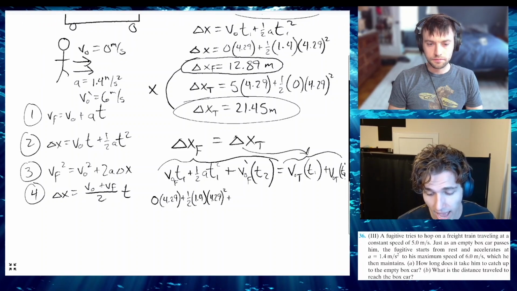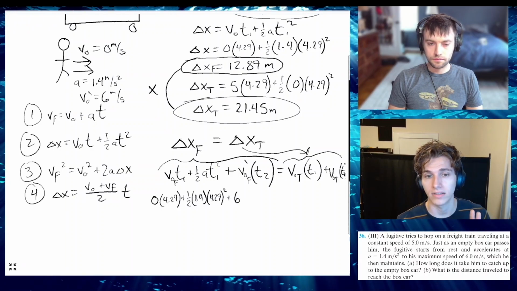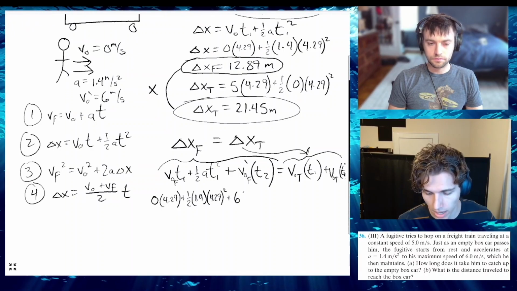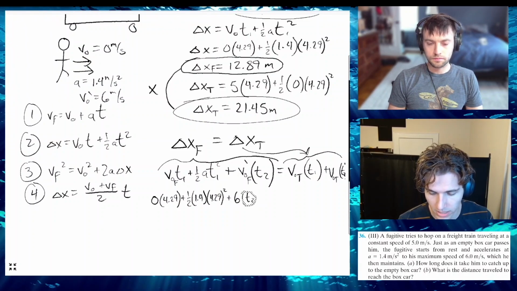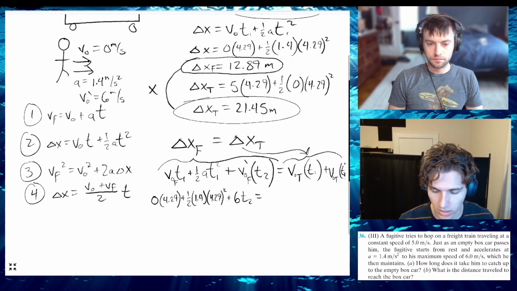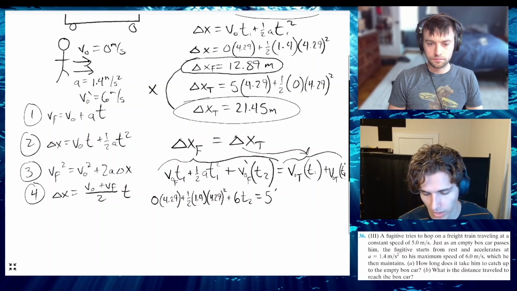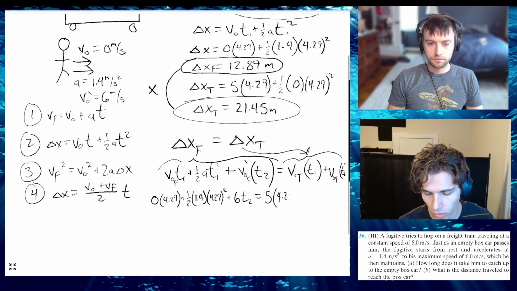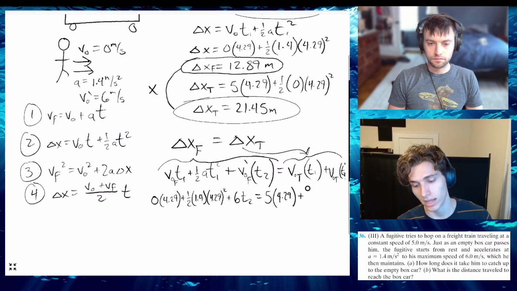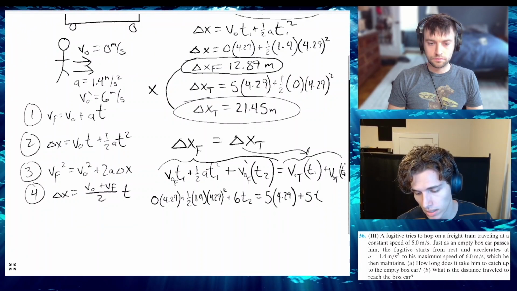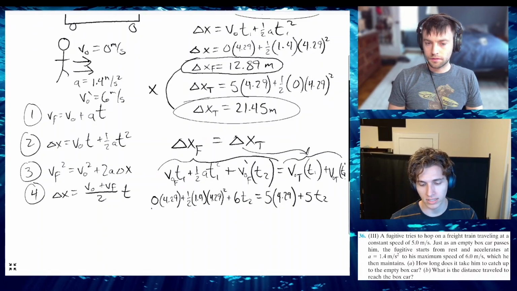Now, we have to add 6 meters per second, because that is the velocity that he gets up to, times t2. And t2 is what we're going to be solving for here. This is going to be equal to the velocity of the train, which is 5 meters per second, times t1, which is 4.29, plus the same constant velocity of the train, times t2. Now, this is a lot to look at. Immediately, I'm going to simplify it.